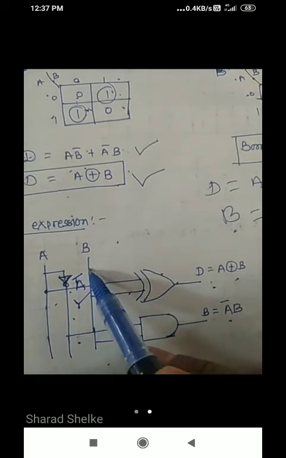So from this A, we can generate A bar by using one NOT gate, whose output gives A bar. Then borrow B is equal to A bar B. So A bar is generated here and B is taken as it is. So D is equal to A XOR B and B is equal to A bar B. Two outputs will be generated here. So this is the logic diagram.